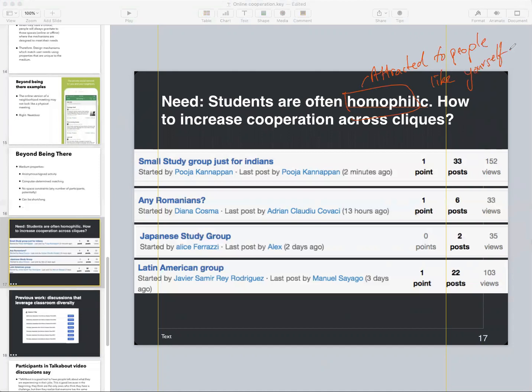So here is some homophily on display. Students often make study groups for other students from their own country. So you could have a study group just for Indians, a study group even for just Romanians, which have to be much fewer, I think, in this online class.